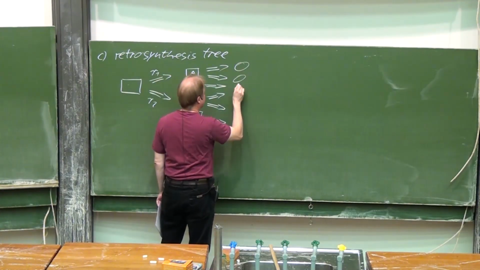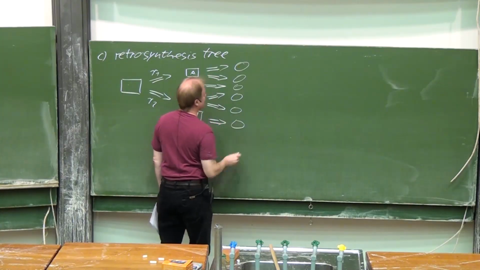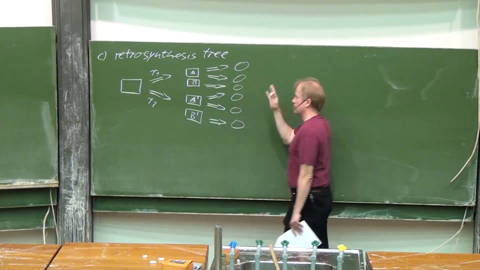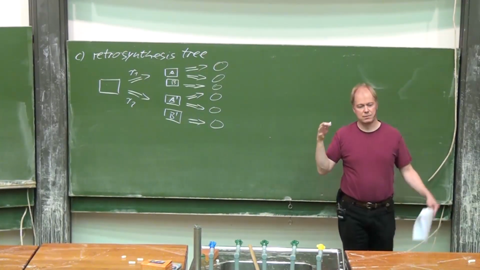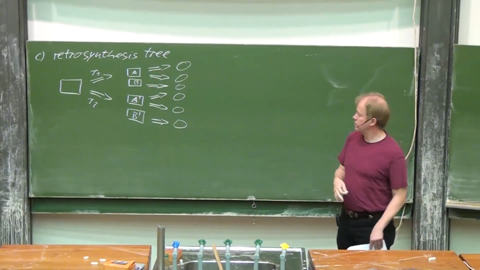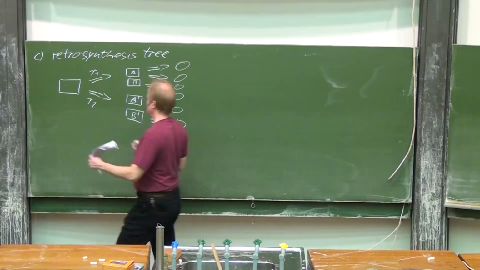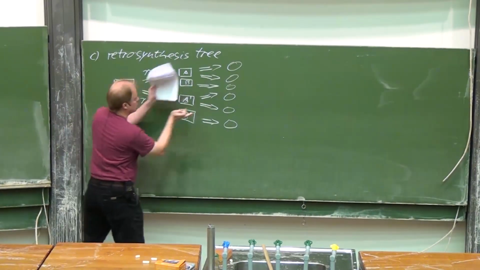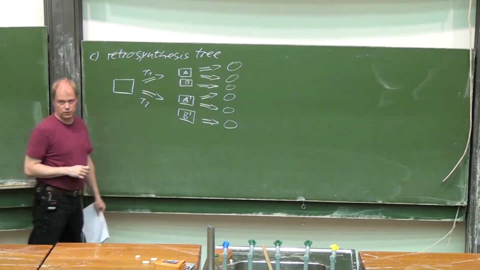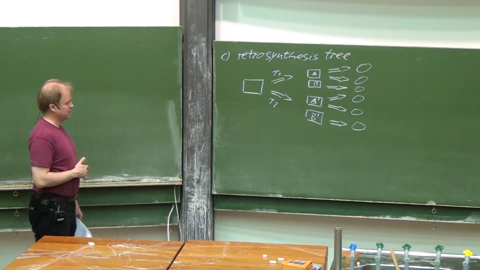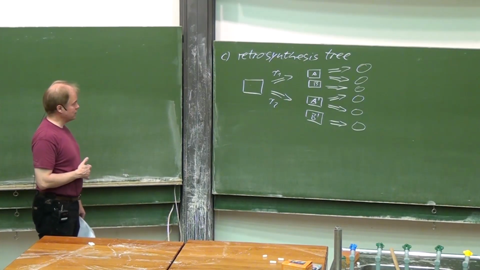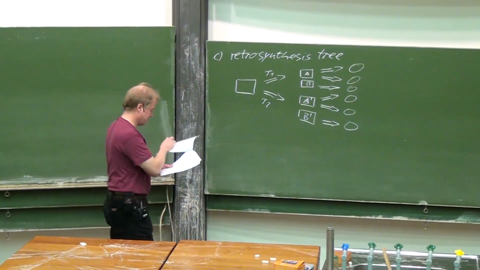And then it goes maybe on and on until we have really simple starting materials. And as you can see, some kind of tree is evolving there. Might be rather complicated, the result of our considerations.